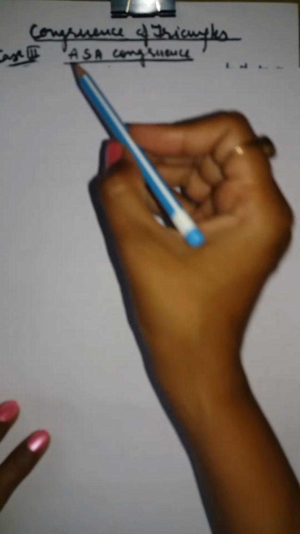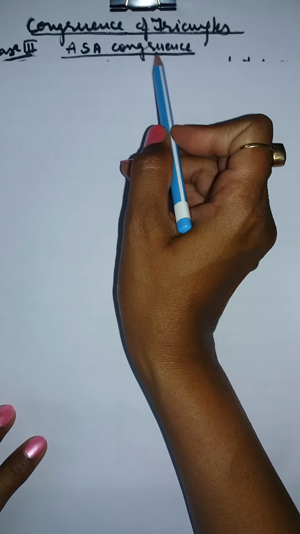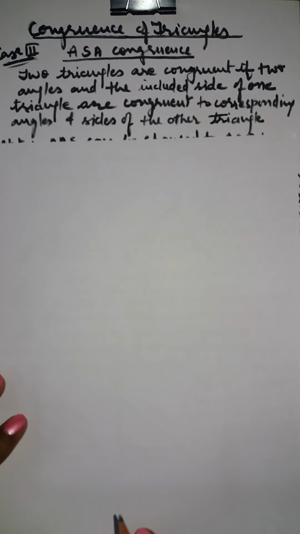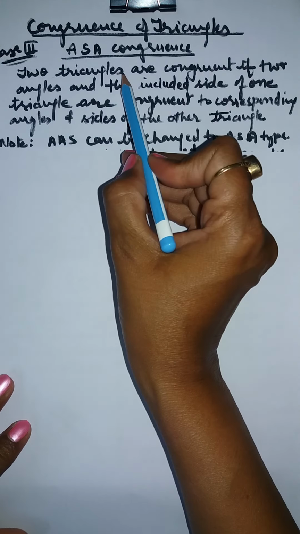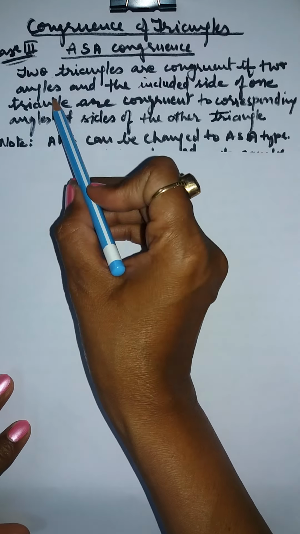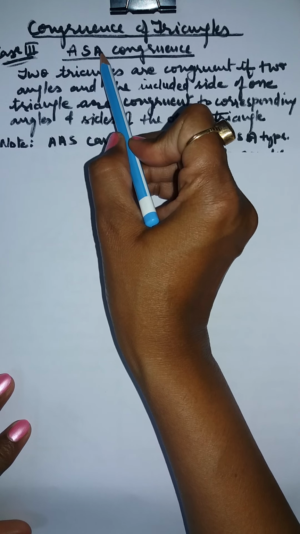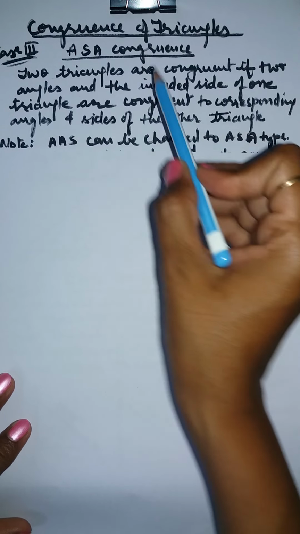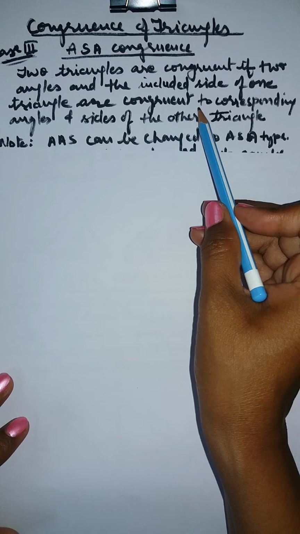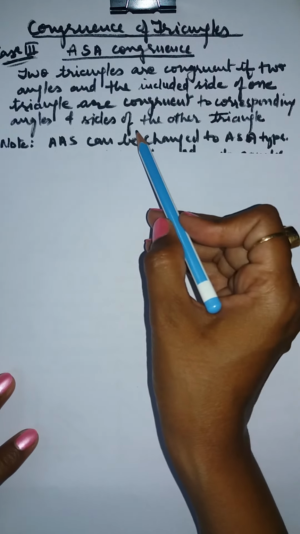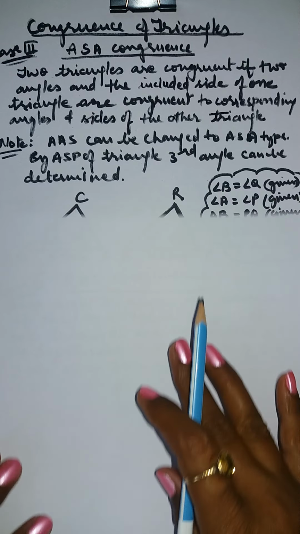Case 3, ASA congruence. Two triangles are congruent if two angles and the included side of one triangle are congruent to the corresponding angles and side of the other triangle.